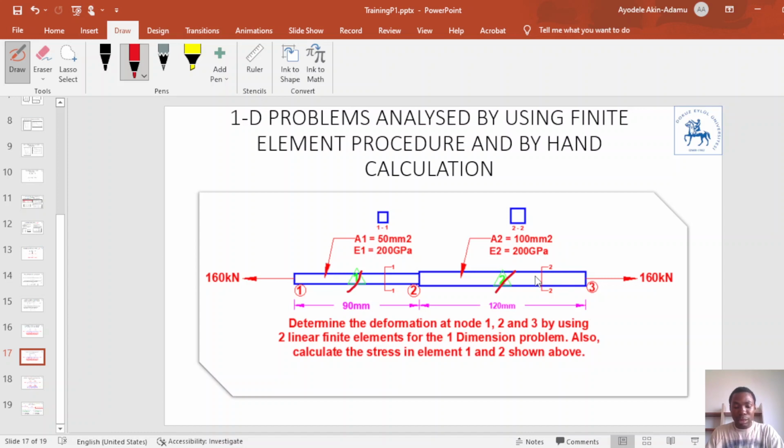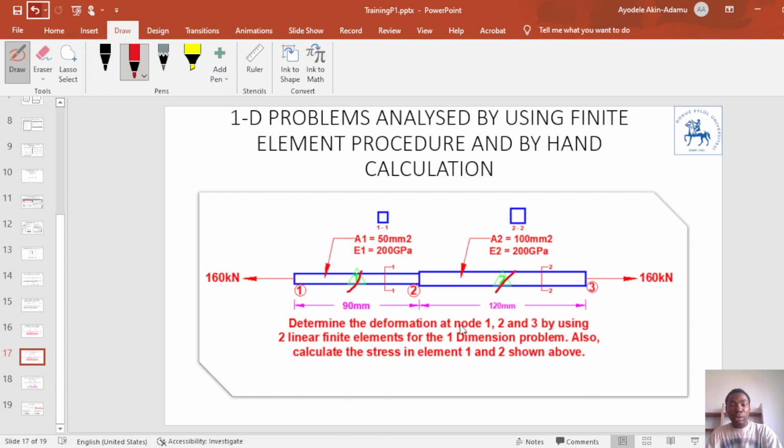The geometric and the material property of each material part is given by A1, E1 and A2, E2, where A is the cross-sectional area of each material part and E is the Young modulus. And in this problem, the unit for E is in gigapascal.